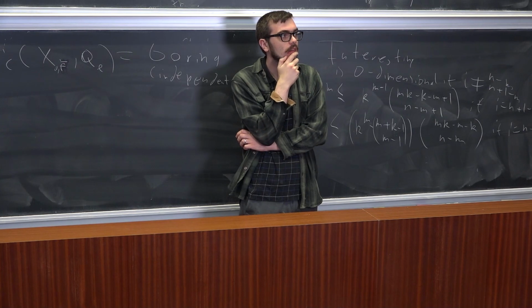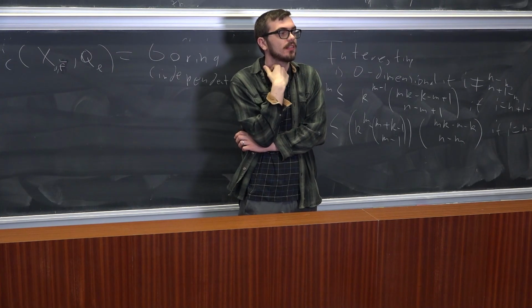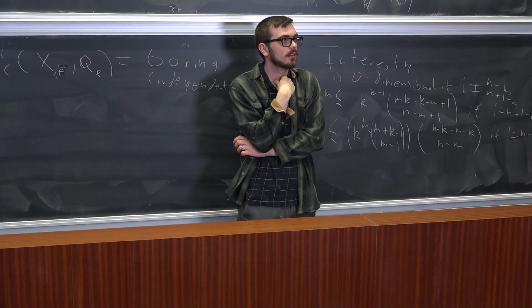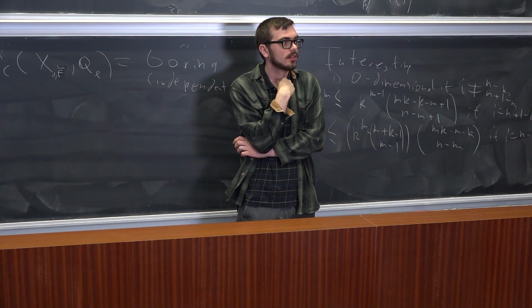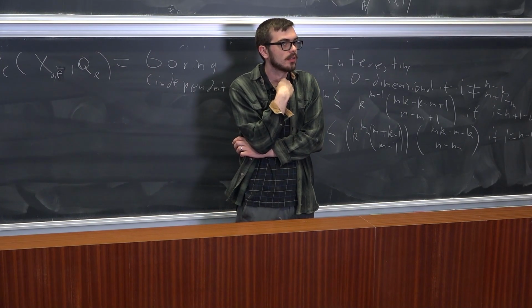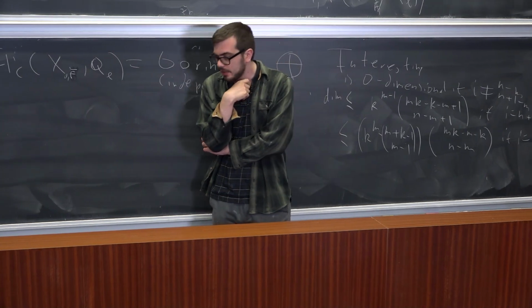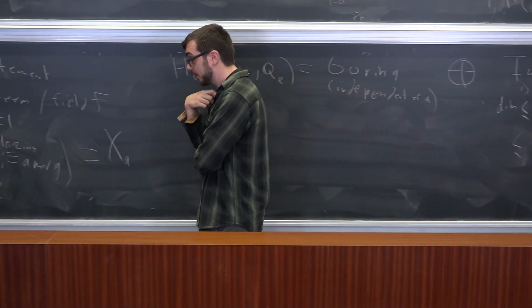Yeah, so I have a question. Do you compute the cohomology by comparing it with the cohomology of the complex object, or can you do it for each characteristic? No, the method is in each characteristic.